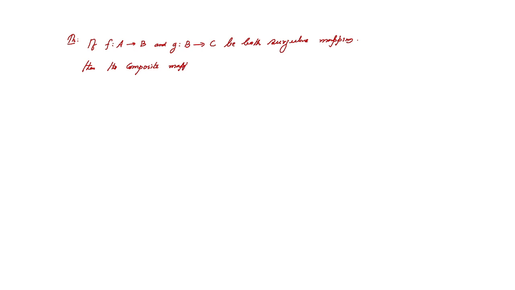Here our first theorem is: if f from A to B and g from B to C are both surjective mappings, then the composite mapping g composed f, from A to C, is surjective.